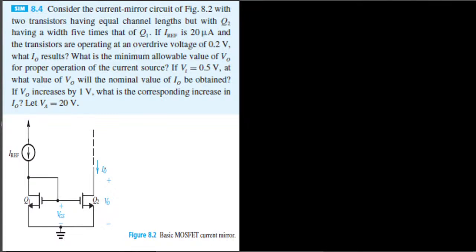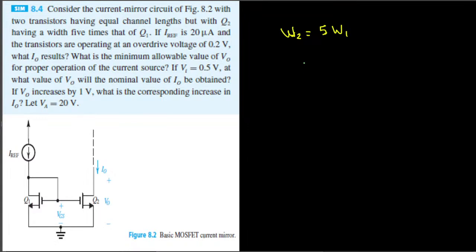To calculate the value, we can put an equation. We know that the width of the second one, W2, is equal to 5 times the width of the first one, if we consider W1 as the width of the first one.